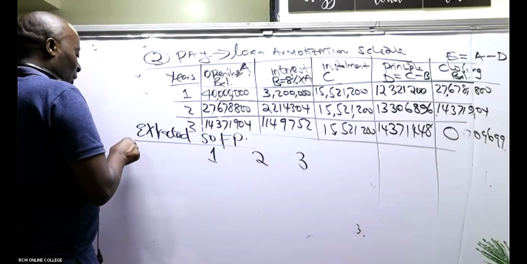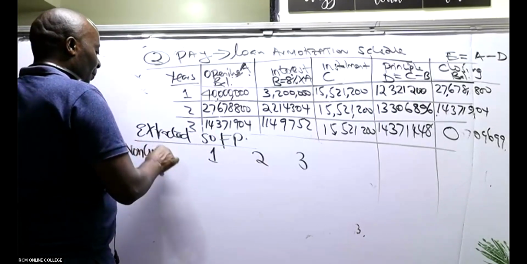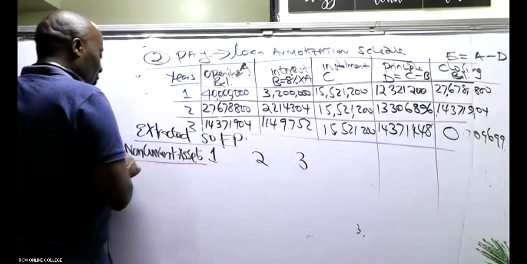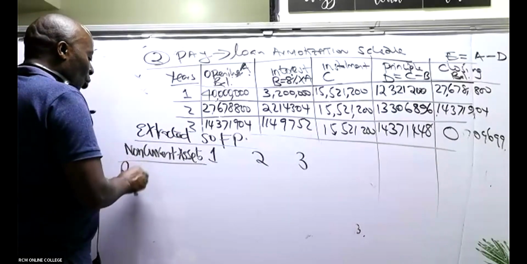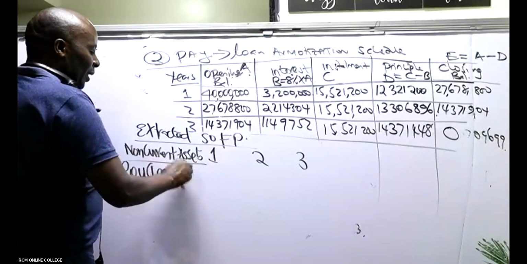First of all, you start with non-current assets. The non-current assets, you shall always begin with this leased asset. We call it ROU, right of use. You can just simply put it there as a leased asset.